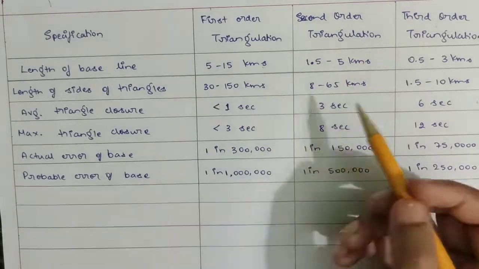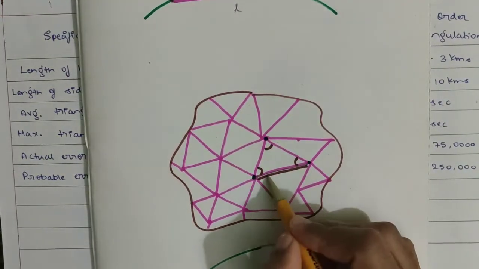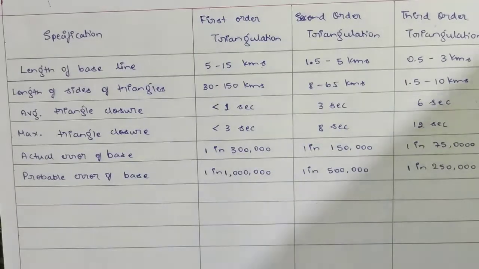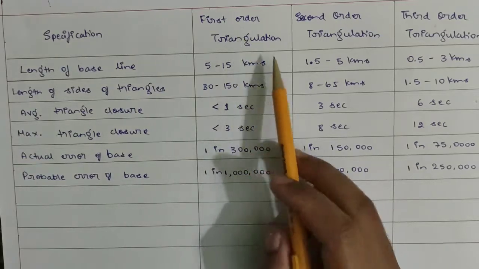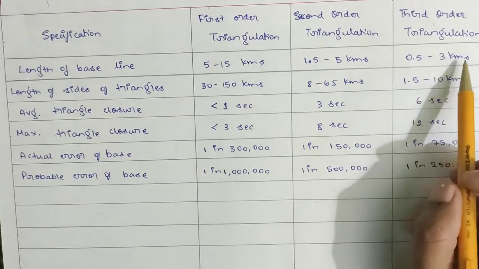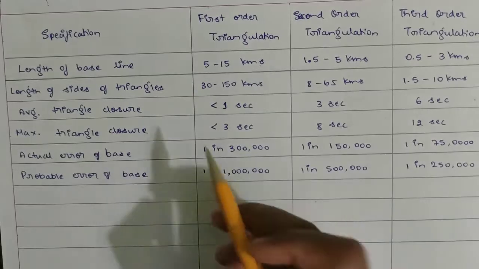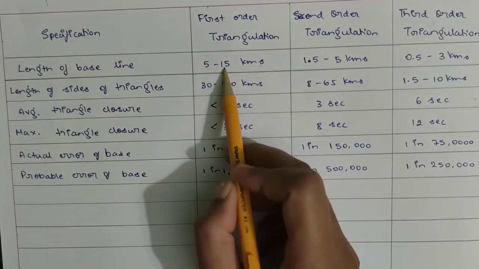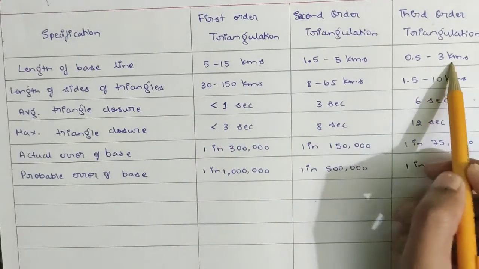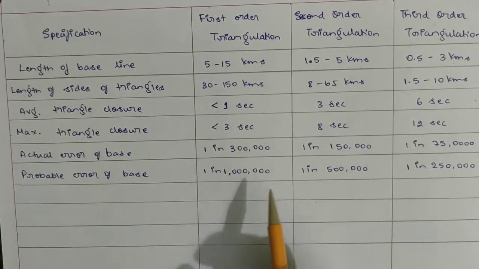The length of baseline is nothing but this line. It is 5 to 15 kilometers for first order, 1.5 to 5 kilometers for second order, 0.5 to 3 kilometers for third order. Here itself you can notice that the baseline for first order is much greater than for second order and third order. You have some other specifications also which are very important.